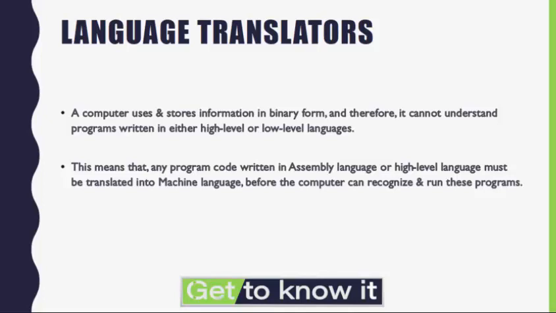That's what I've just explained: the computer uses its own language that we call the binary language system, that is in binary form, in zeros and ones. This means that any program code written in assembly language or high-level language must be translated into machine language before the computer can recognize and run these programs.